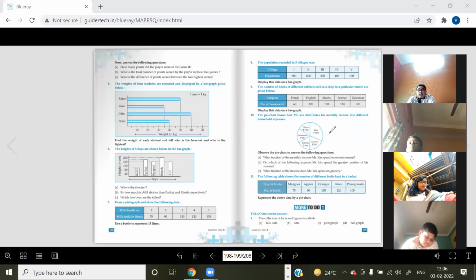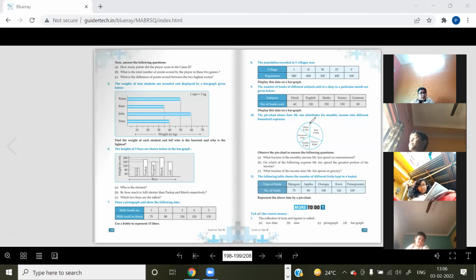Now look, it is given. The pie chart shows how Mr. King distributes his monthly income into different household expenses. Suppose for house rent, savings, entertainment, things are given.